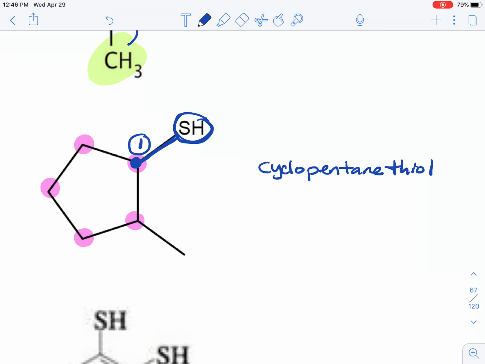So for a sulfhydryl group on a cyclic compound, you do not need to inform the reader of the carbon number, because it's implied that it's always on carbon number 1.